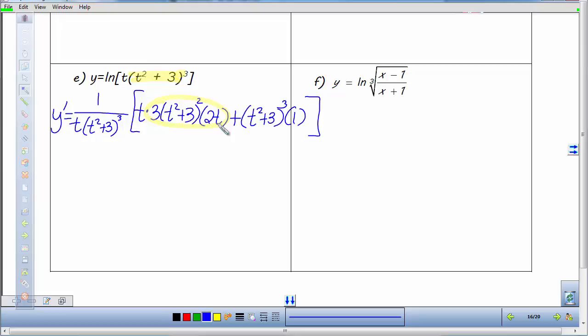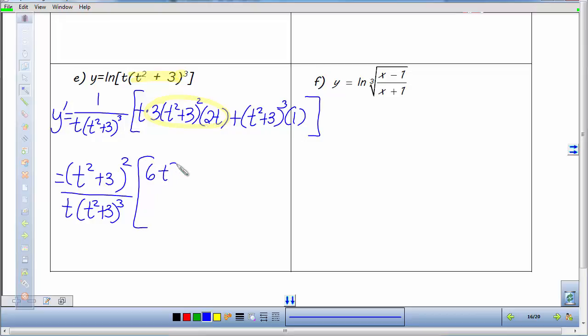Okay. All right, so when I clean this up a little bit, I've got t squared plus 3 squared and t squared plus 3 cubed. So I'm going to factor out t squared plus 3 squared. Okay, so I factored that out. That leaves me with 6t squared.